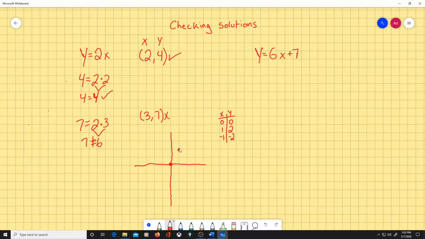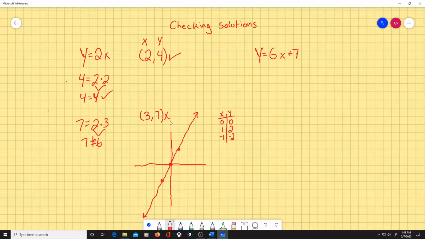So that's going to put me here and here. And so I'm going to try and connect these lines as nicely as possible, and going this way, through there. I'll just put a little arrow on them. And so now that's the graph of this equation.